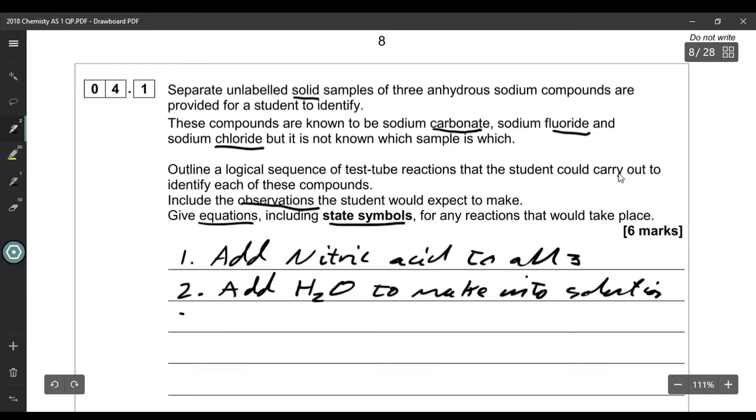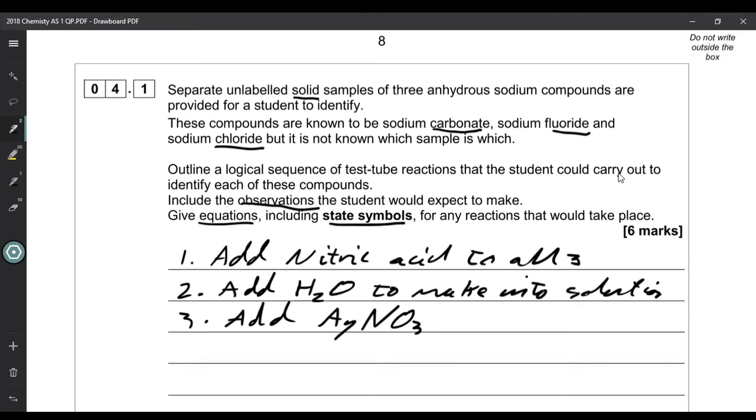And the third thing that we're going to do is add silver nitrate, because then silver nitrate should be able to determine which is a fluoride and which is a chloride.